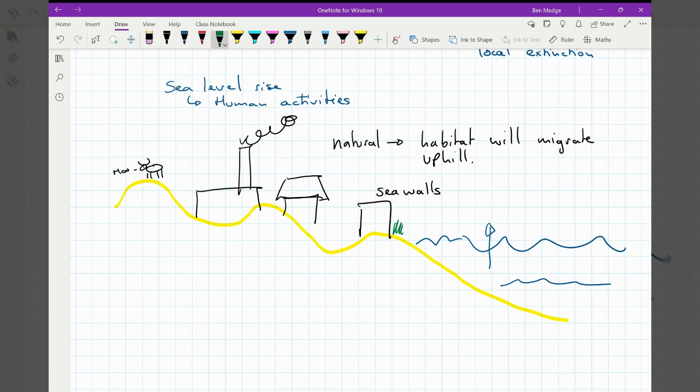So it is lost because it can no longer cope with that change in conditions. There's no space for it to go.